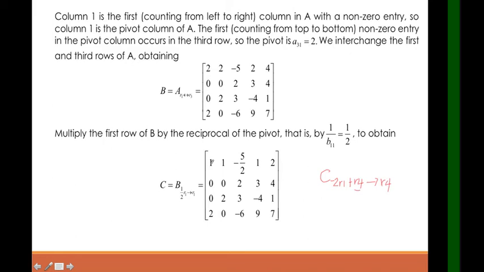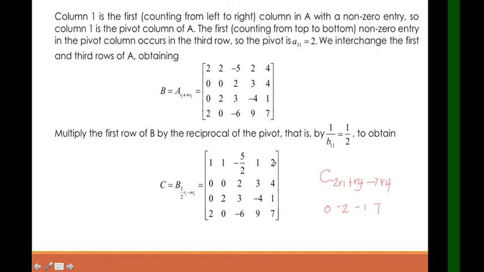So negative 2 times R sub 1's entry, which is 1, is negative 2, plus R sub 4's entry 2 is 0. Then negative 2 times 0, plus 0, is 0... next, negative 2 times negative 5 over 2 is positive 5, plus negative 6 is negative 1. Negative 2 times 1 is negative 2, plus 9 is 7.